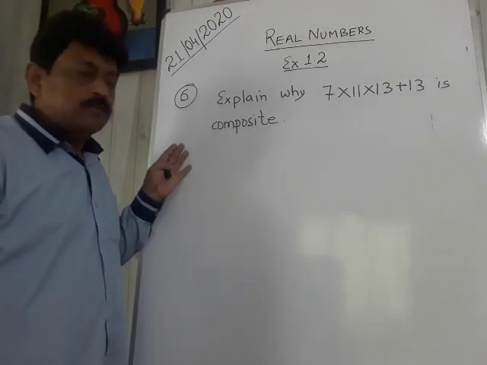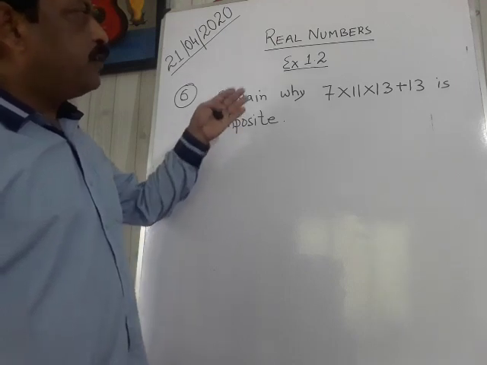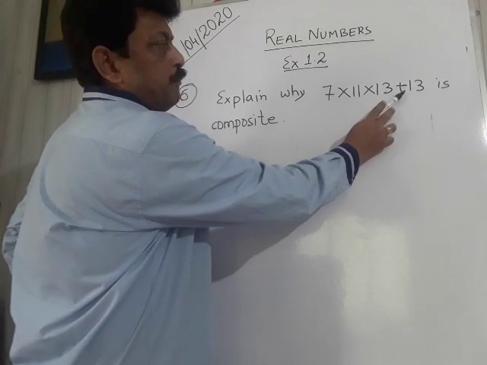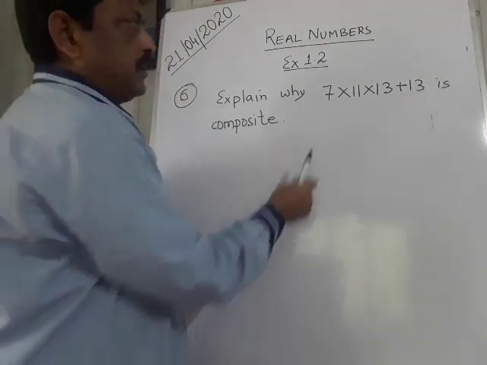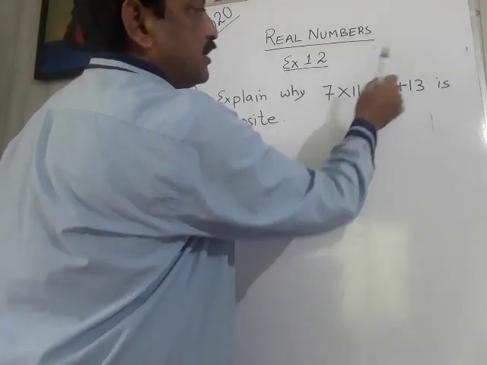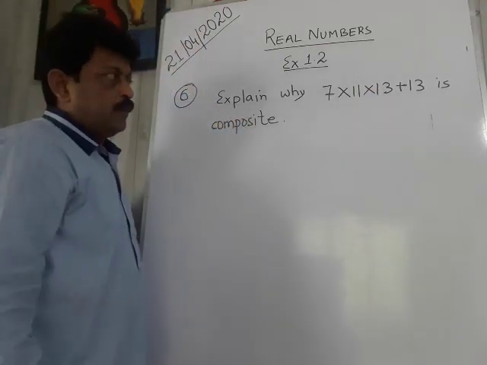Here is another question, number 6. Explain why 7 into 11 into 13 plus 13 is a composite number. 7 multiplied by 11 multiplied by 13 plus 13 is composite.